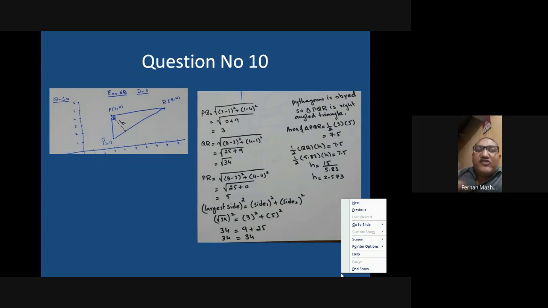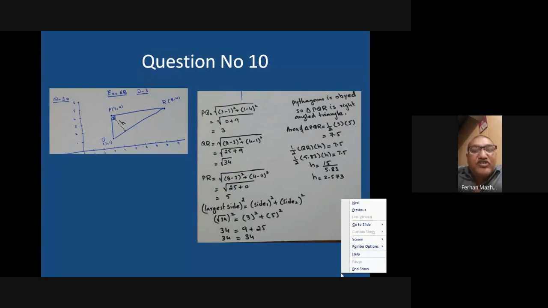You find its three sides. For example, here I will find the PQ side. I apply the distance formula. The PQ side is 3. I applied the distance formula on QR, and I found its length, that's under root 34. And then I applied the distance formula on PR. That is 5. So you find the length of the three sides of the triangle.